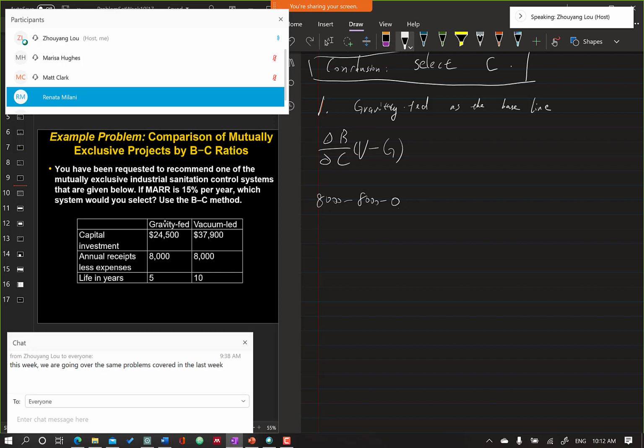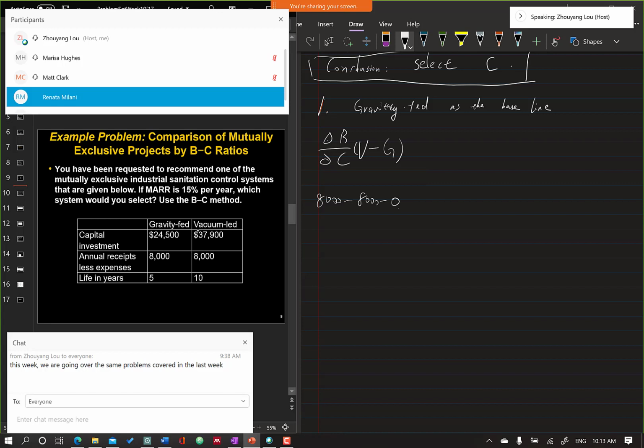Then what we want to compare as the benefit here is this: for doing the gravity fed, we need another 5 years and another capital investment of 24,500 at year 6, and that can be regarded as a benefit if we choose the vacuum project.